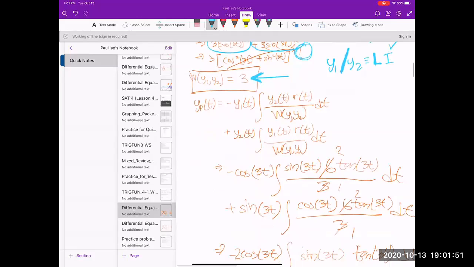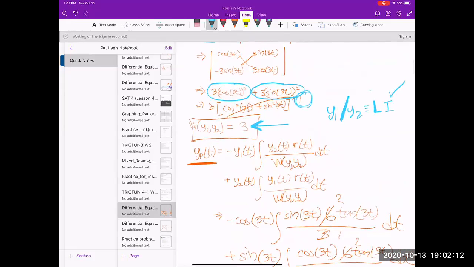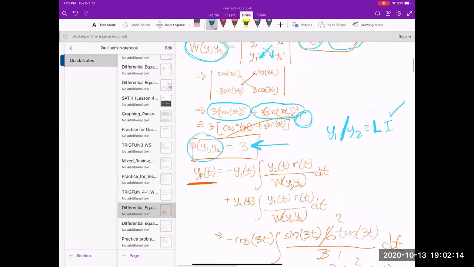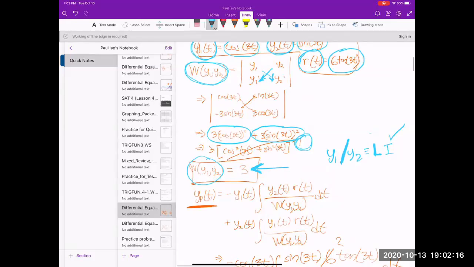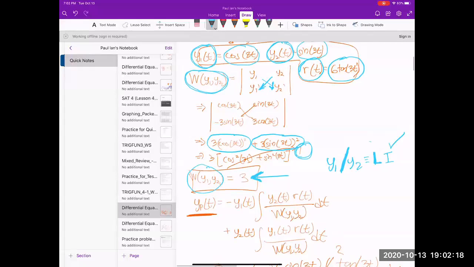Is the next step really difficult? Not really. I think the more difficult one is probably reduction of order, but this one is kind of like the integrating factor. For yp, after you have the Wronskian, the y1, the y2, and the r(t), those are the four things you need.